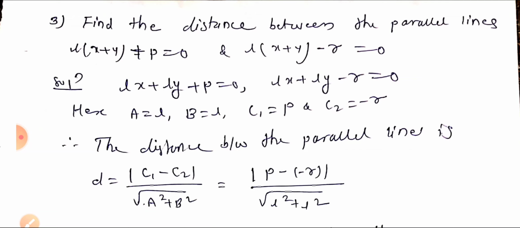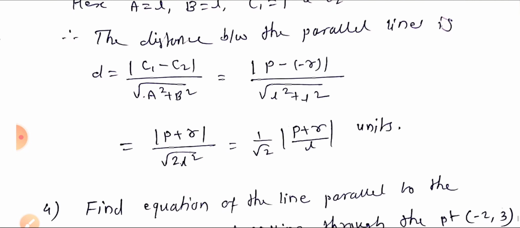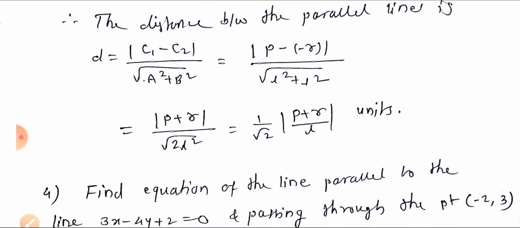That is modulus of (p minus (minus r)) upon root of (l square plus l square), because a and b equal l. So it is equal to modulus of (p plus r) by root of 2l square. So this is equal to 1 by root 2 into modulus of (p plus r) by l units, which is the required distance between the two parallel lines.